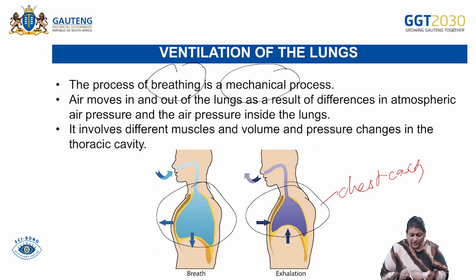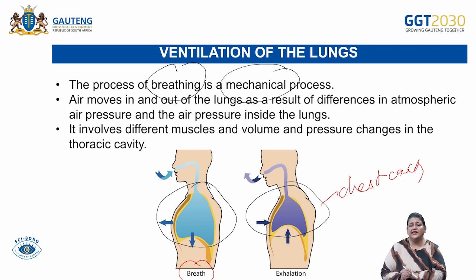All right. So here you can see how the thoracic cavity has moved outwards, down and out. So the volume has increased for inhalation. And here you can see the thoracic cavity, the volume has decreased because it has moved up. The volume has moved up and in, and therefore has decreased due to the diaphragm and the intercostal muscles.